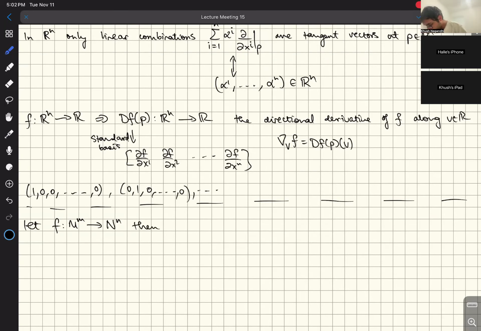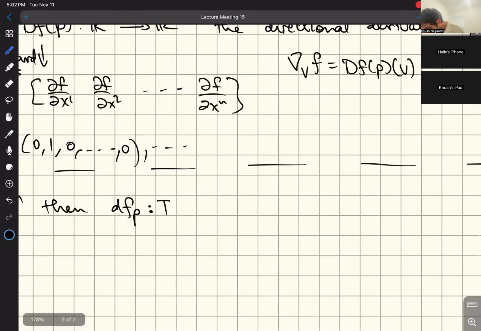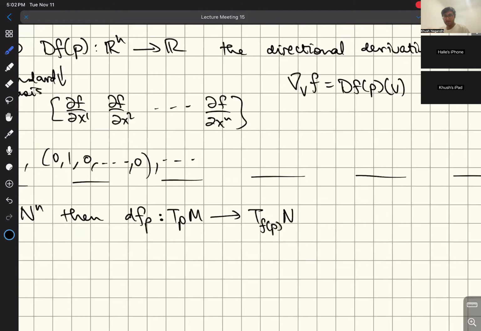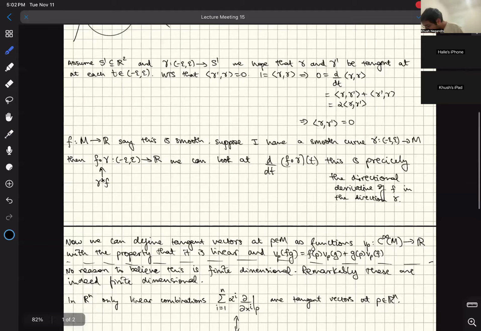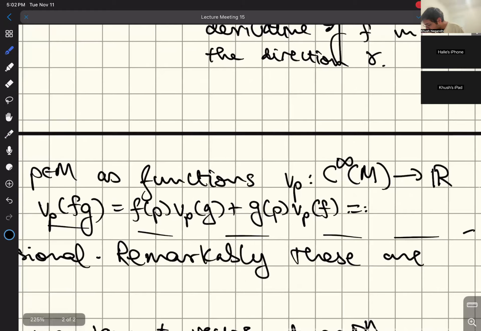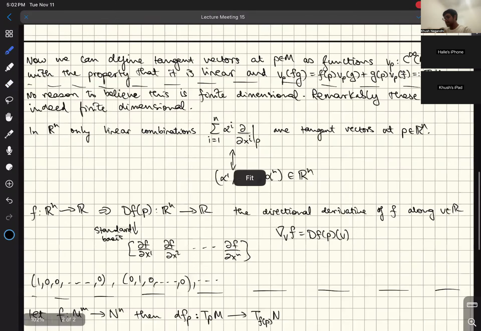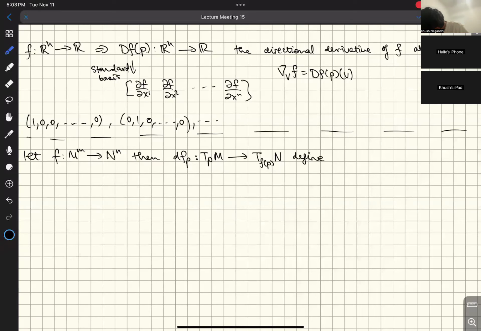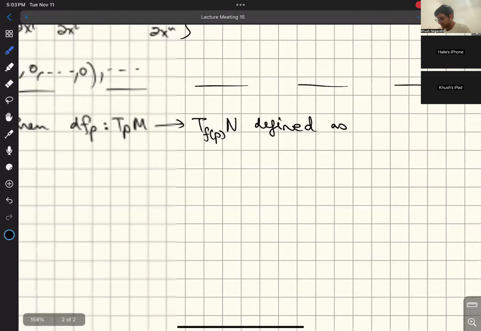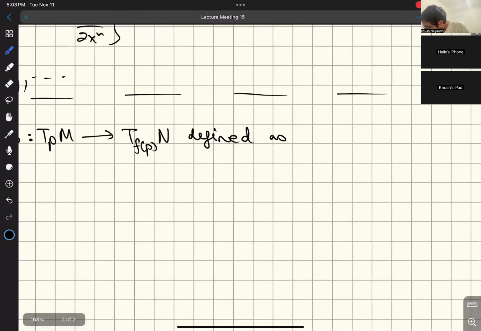Then df at P is a map from the tangent space at P on M into the tangent space of f(P) at N. If you remember, the collection of all of these is the tangent space at M. The way you do it is, let VP be in TPM.